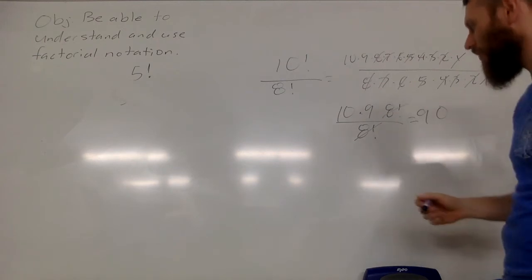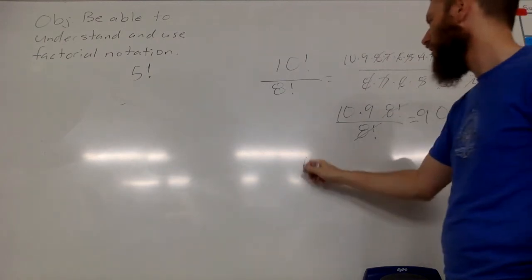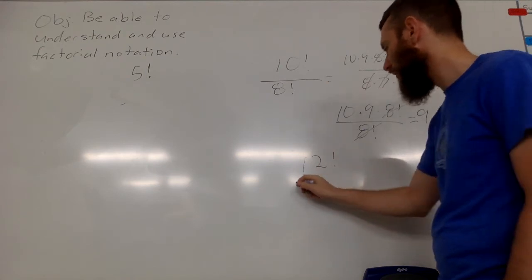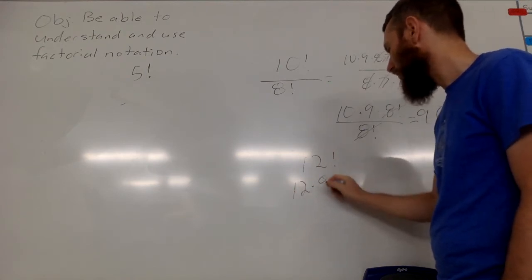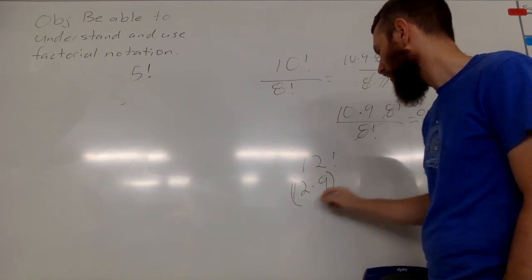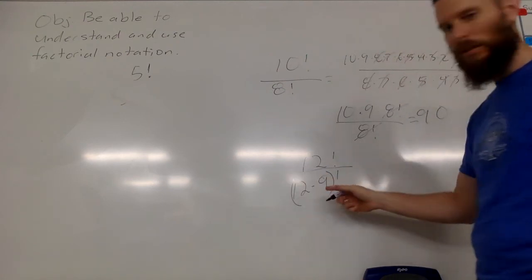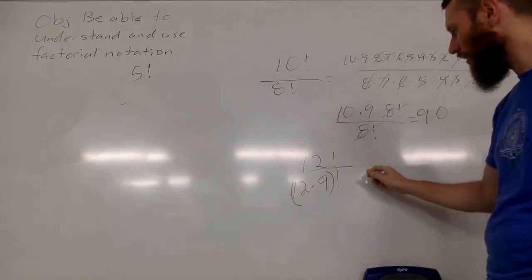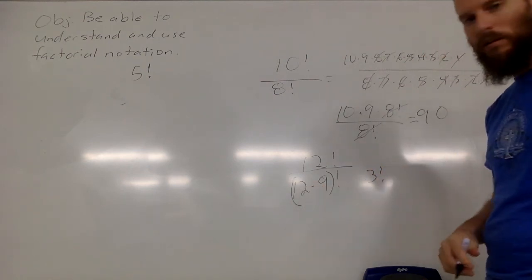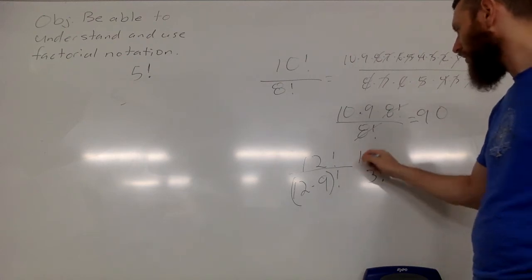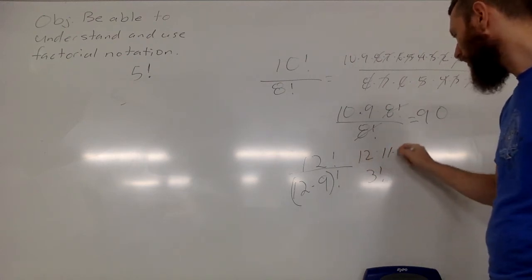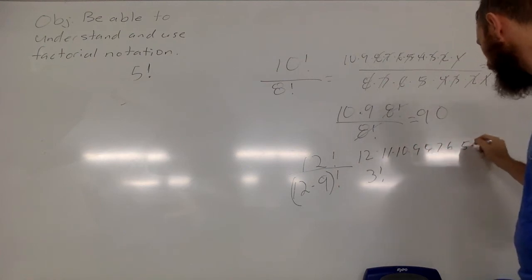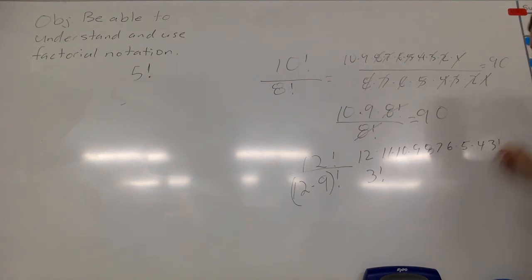Last but not least, especially when you're going to permutations, maybe the question will be 12 factorial, and then you'll have 12 minus, let's say, 12 minus 9 factorial, and again you solve this the same way you do other math, parentheses first. 12 minus 9 is 3 factorial, and 12 factorial, this will be a long one, 11, 10, 9, 8, 7, 6, 5, 4, 3 factorial.